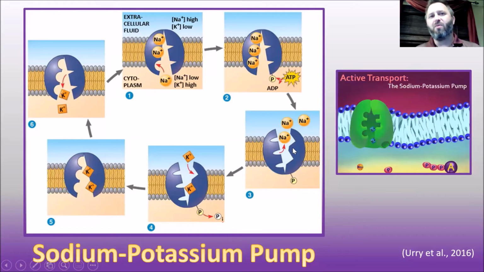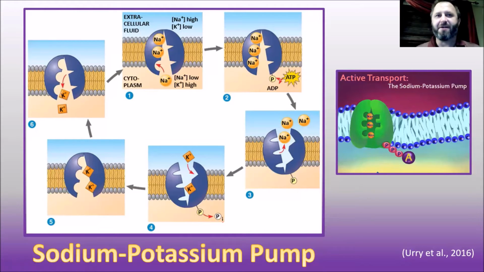And now we move into a stage where there's a preferred binding site here that potassium can bind to. So when those two are bound to those binding sites, that phosphate is released to be an inorganic phosphate floating in the cytosol, in the cytoplasm, where then the protein's shape changes again, and those potassium are released intracellularly.